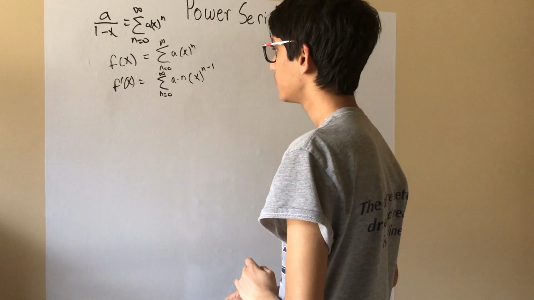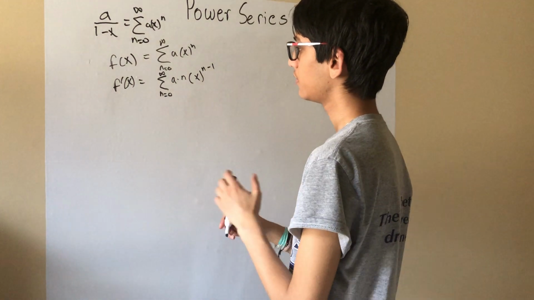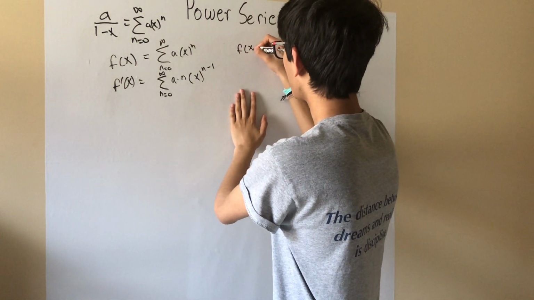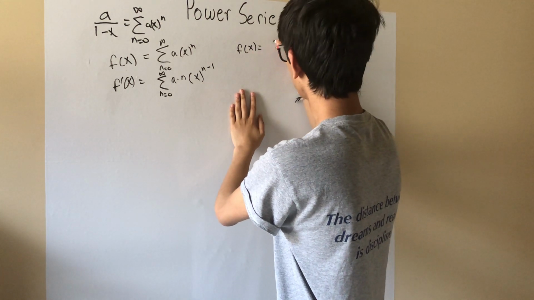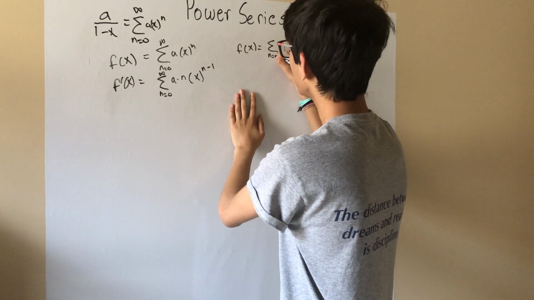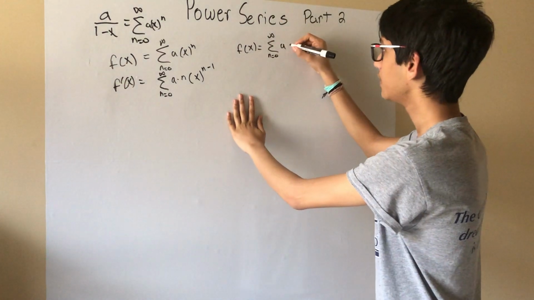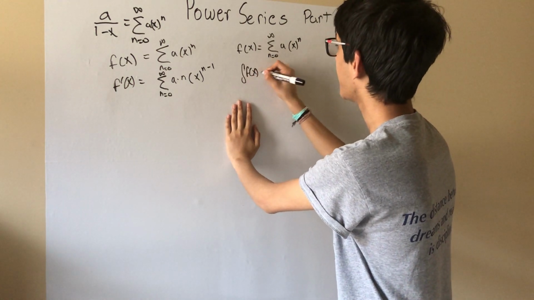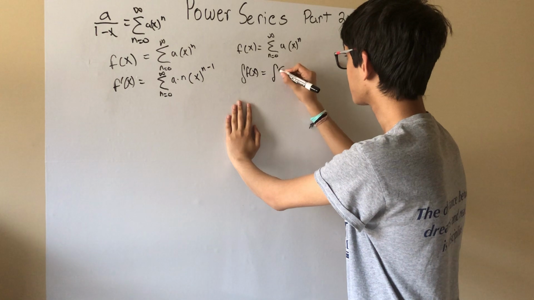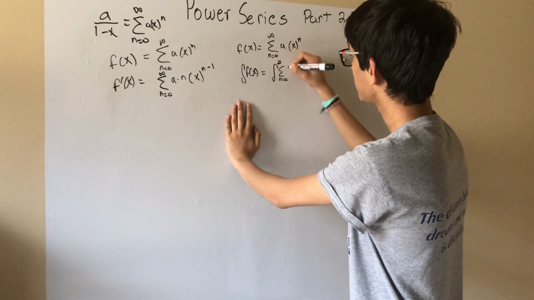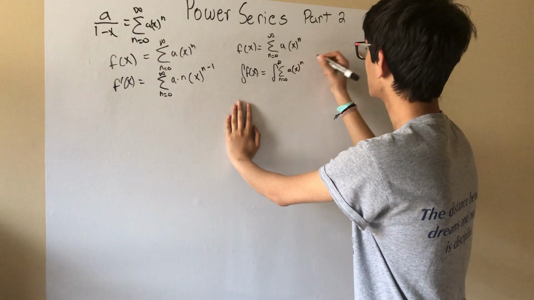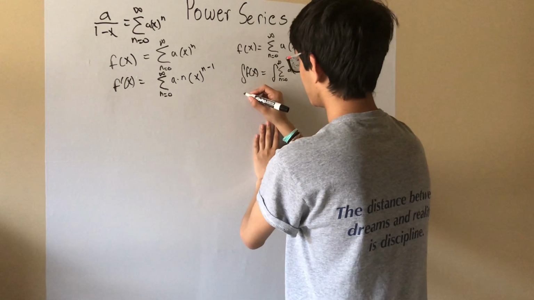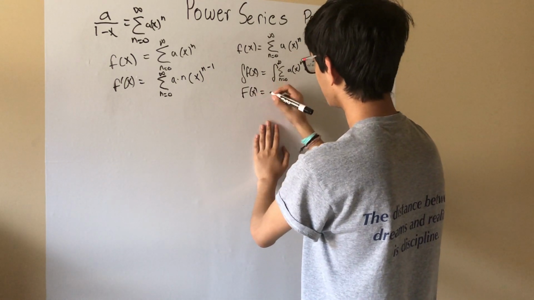So that's the derivative. And now taking the integral. So given that small f of x equals the sum from n equals 0 to infinity of a times x to the n, then the integral of f of x equals, right? And then this is the same as big F of x equals.